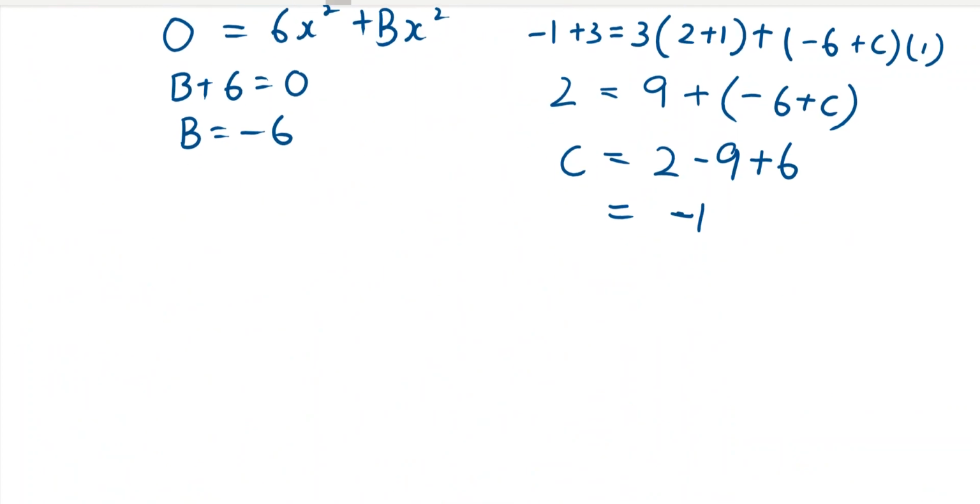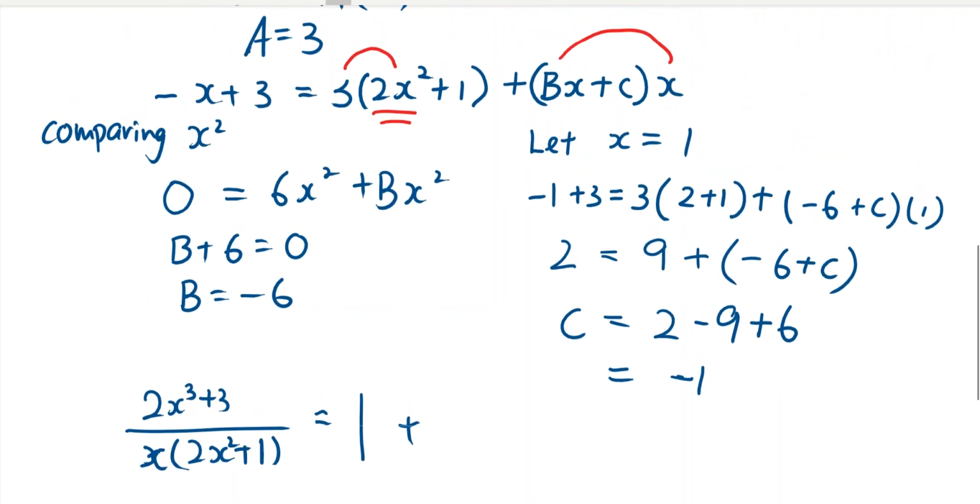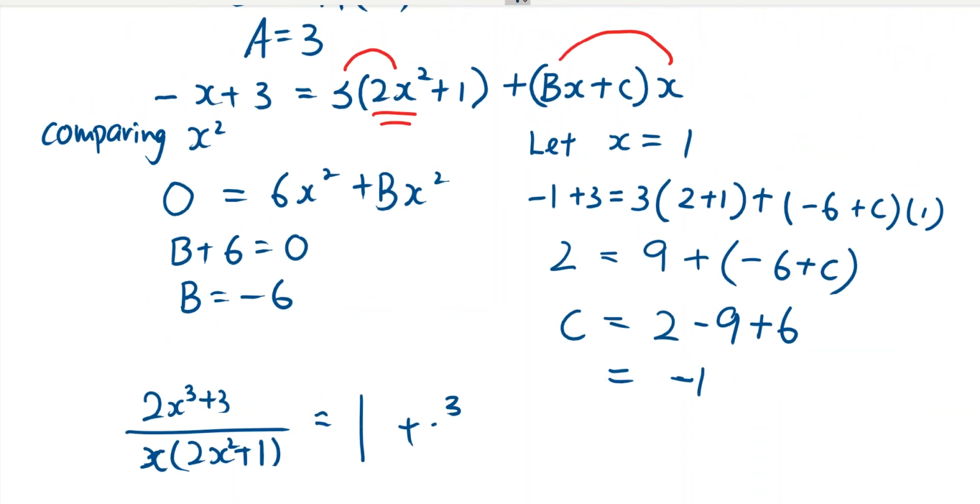So my answer is 2x cubed plus 3 over x bracket 2x plus 1, is equal to 1 whole, plus my a is 3 over x, plus bx plus c, so it's minus 6x minus 1 over 2x squared plus 1.